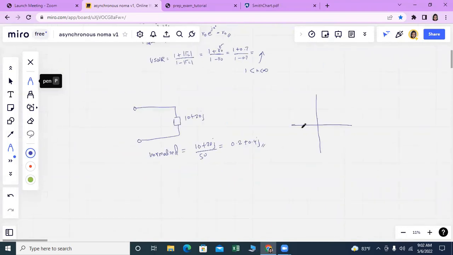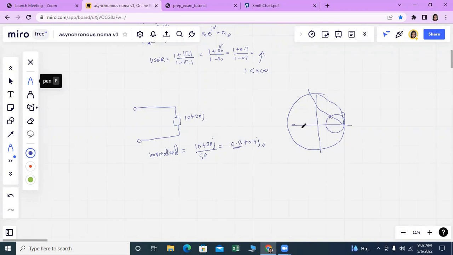So you have to find the corresponding circle first, and then the corresponding arc, and find the intersection point of those two, the circle and arc, to find the load point.